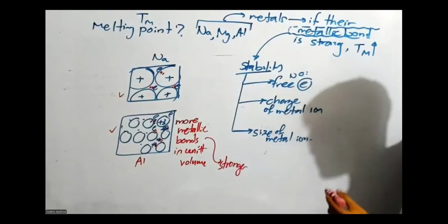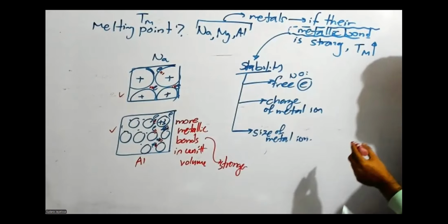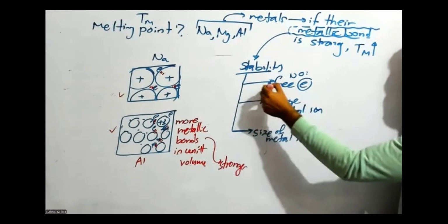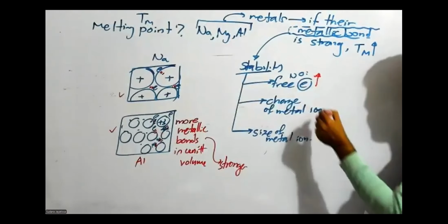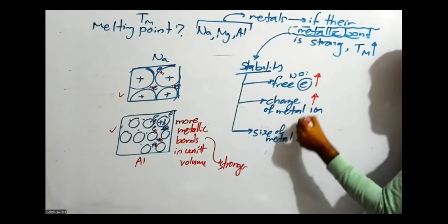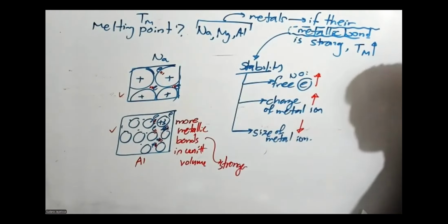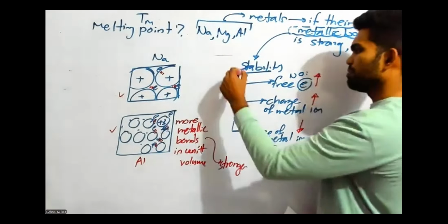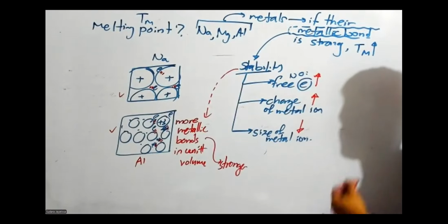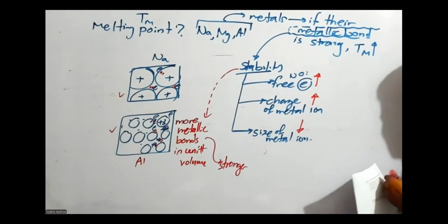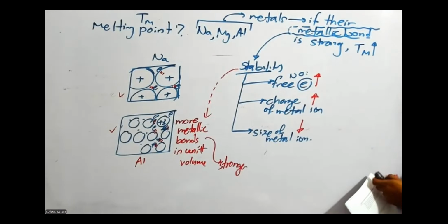So what is causing this stability? If the number of free electrons is higher, the charge of the metal ion is higher, and the size of the metal ion is lower, you will have more metallic bonds in unit volume, which causes it to be stable. Now take sodium, magnesium, aluminium.